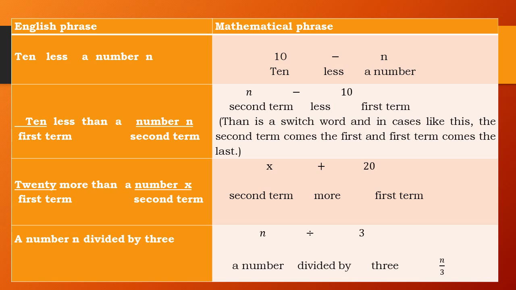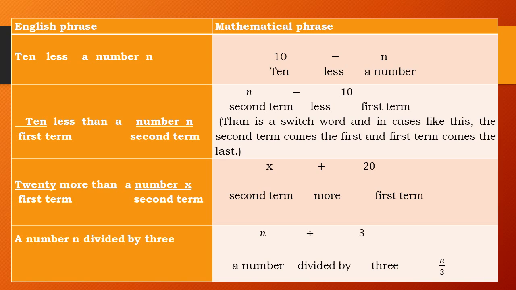Next given, we have 10 less than a number n. The first term is 10 and the second term is the number n. Another, we have less than. The term than is a switch word, and in cases like this, the second term comes first and the first term comes last. So it will be n minus 10 because of the word than.